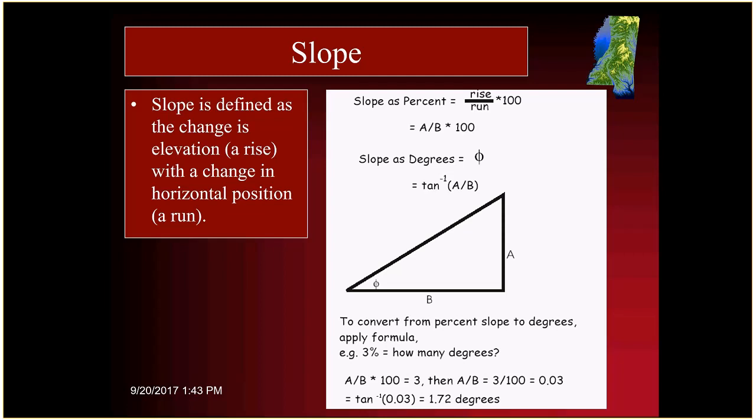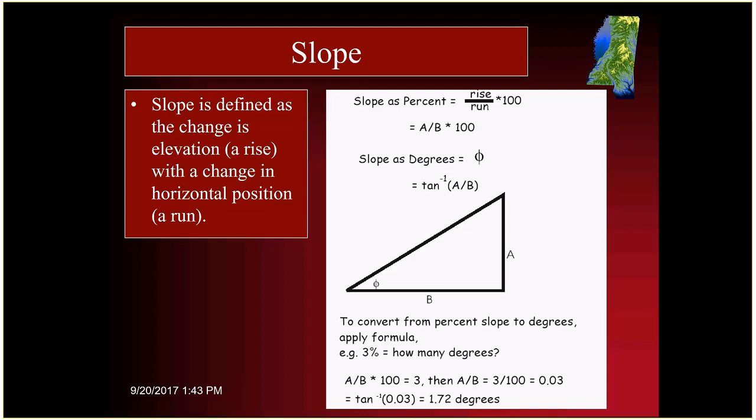So in GIS, we could do the slope from every different cell. The slope from here to here, the rise would be 4, because 48 minus 44 is 4, and the run would be whatever the cell size is.